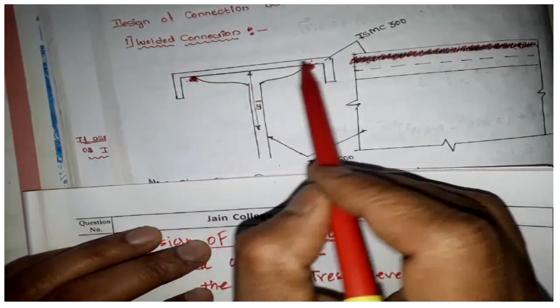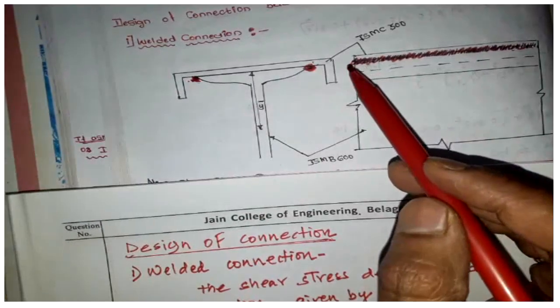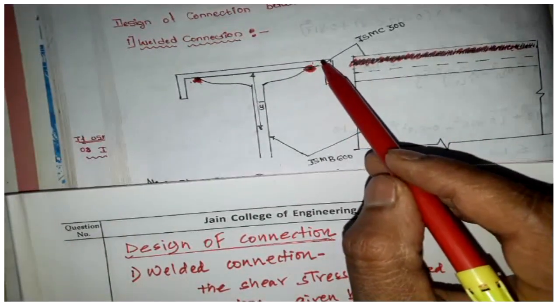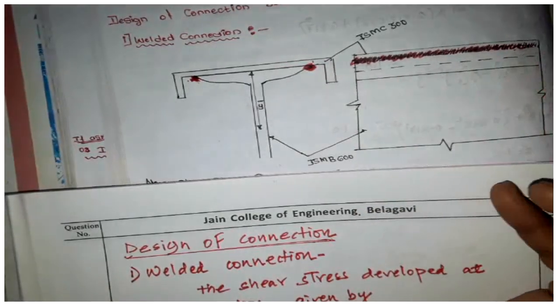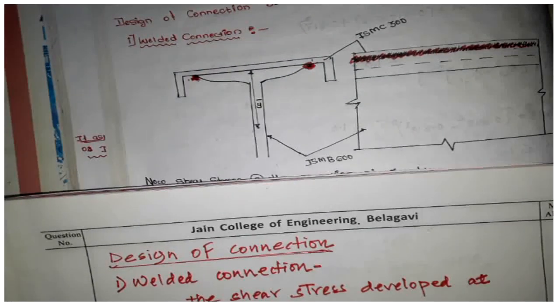We have to multiply into 2 because we are providing welding on both the sides, and the 3 mm size of weld will be provided to connect the channel section and I section throughout the length of the member. So this is regarding the welded connection. Okay, now we will discuss the bolted connection.